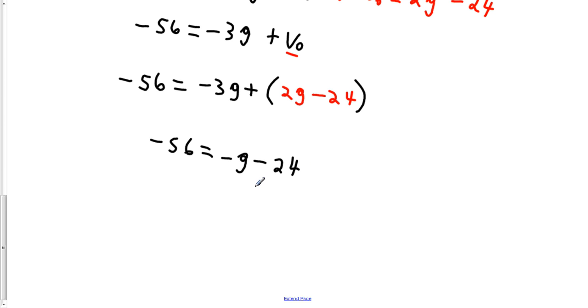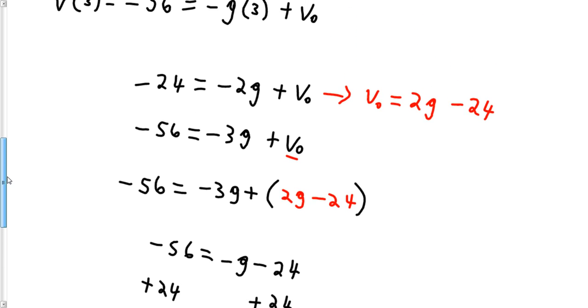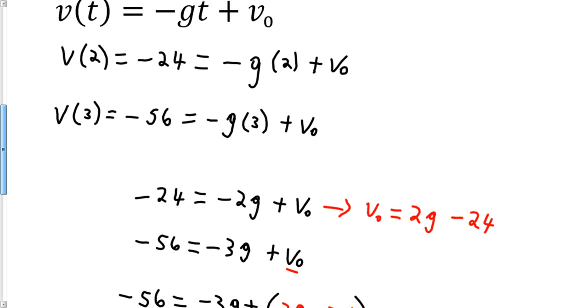And when I add 24 to both sides, I get plus 24 here, plus 24 here. I get negative 32 is equal to negative g, in which case I see that g is equal to 32. g is acceleration due to gravity, and indeed g is 32 feet per second squared.